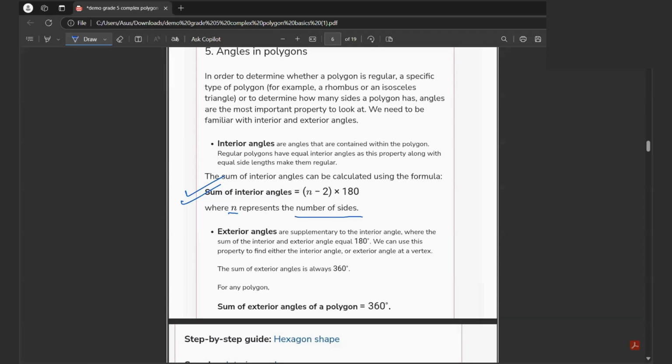Okay, now when we talk about exterior angle, do you know that on a straight line, at a single point, the sum of all the angles drawn at this particular point is going to be 180 degrees? This is the max. We have a protractor, and the max angle it has is 180 degrees on a straight line.